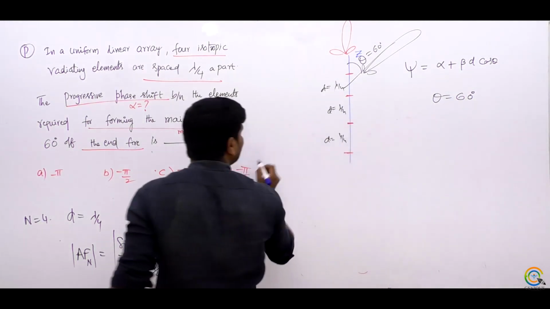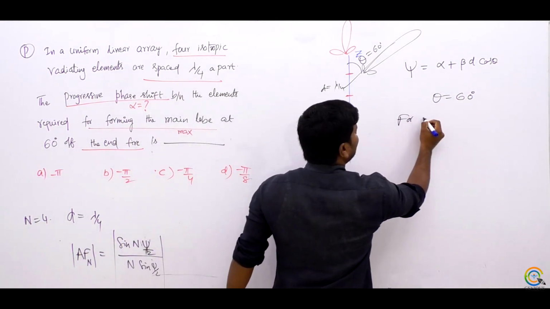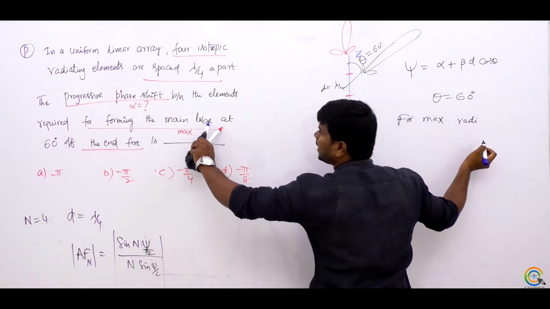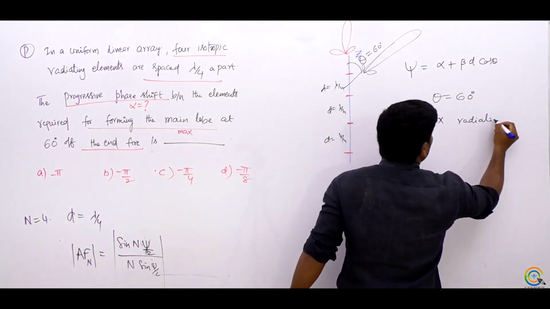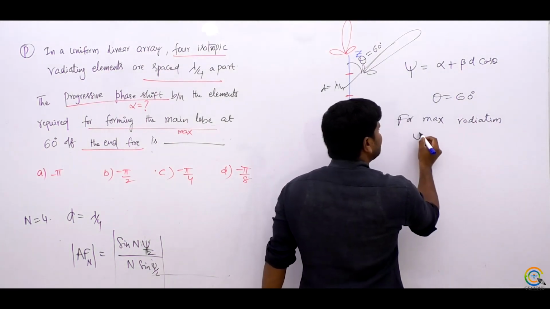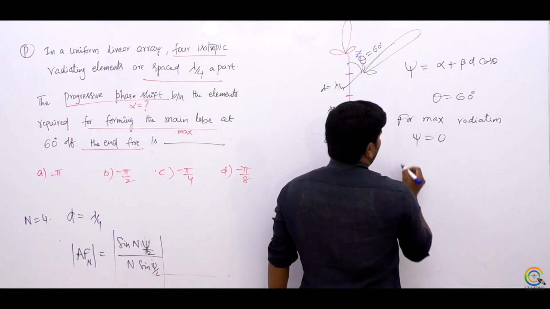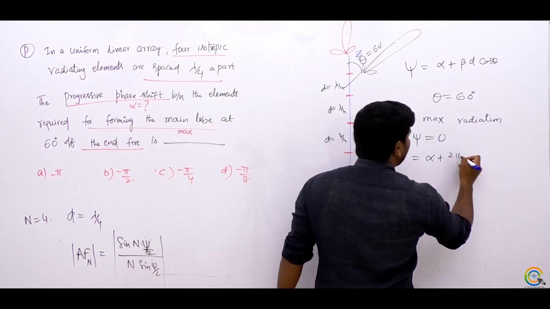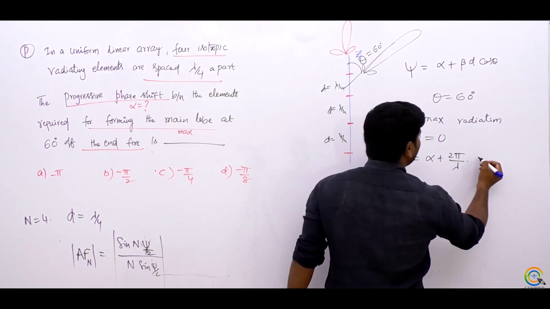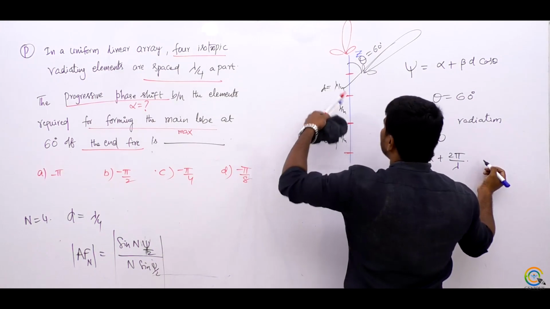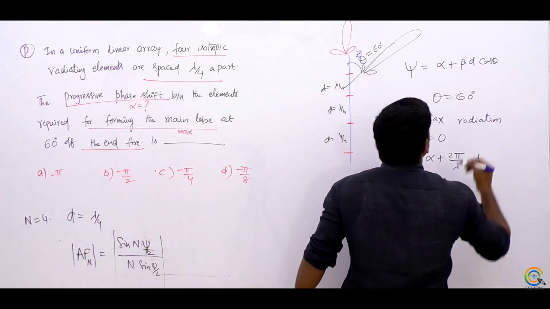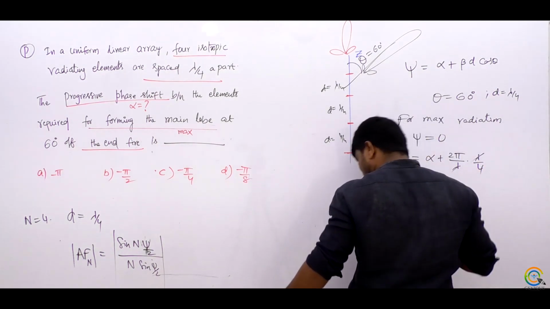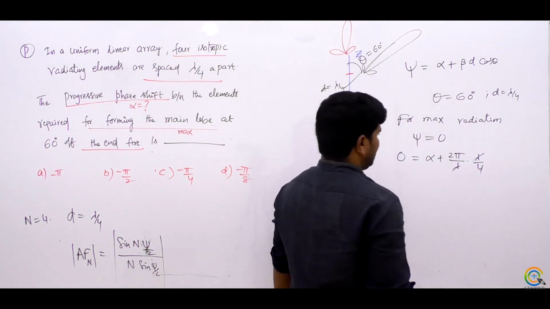For maximum radiation, or for forming the main lobe, the psi must be equal to 0. If it is 0, it will be alpha plus 2 pi by lambda into d. D is already given, it is lambda by 4. So here it will be simplified.